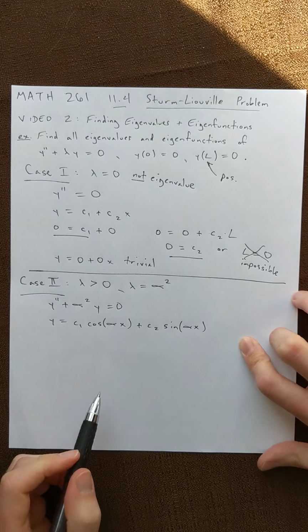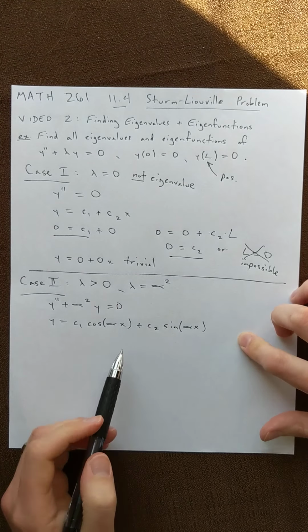I'm going to go through the details pretty quick because it looks really similar to what we saw in the last video. If you plug in y of 0 equals 0, we get 0 is equal to c1 cosine of 0 plus c2 times the sine of 0, which means we actually get c1 is equal to 0.